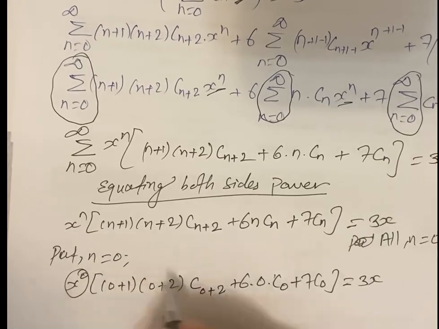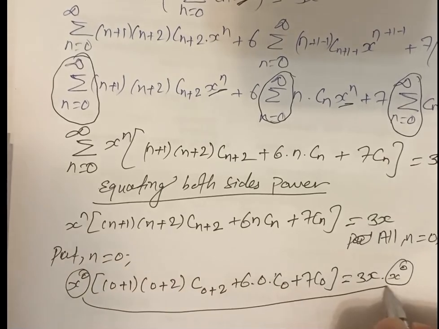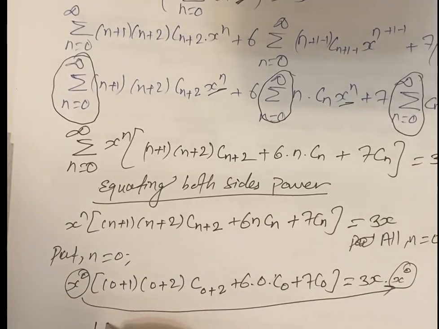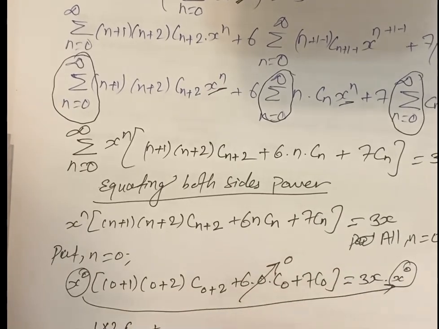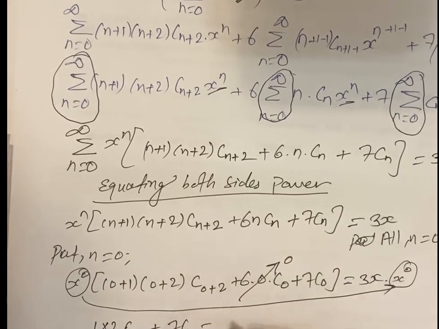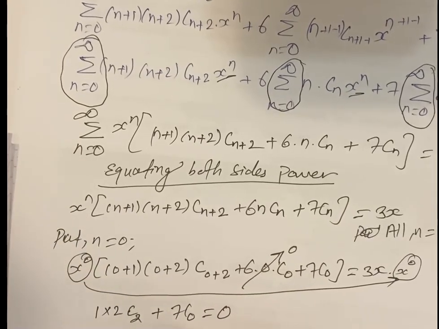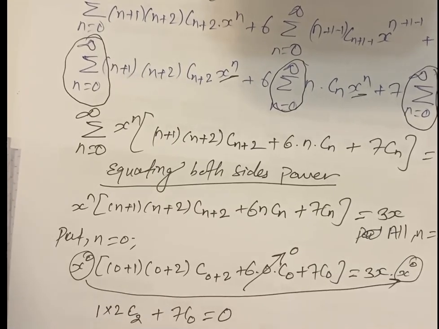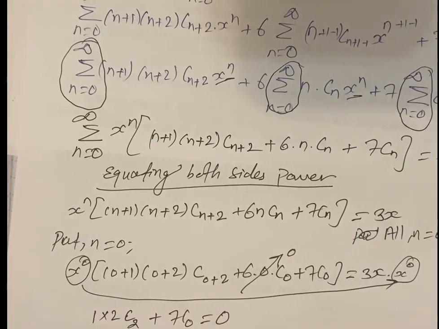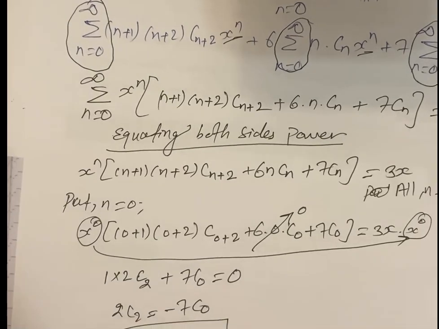Here is x^0, so if we equate, this is 1 times 2 c2, plus 0, plus 7 c0, equal to x^0. So 2c2 is equal to minus 7 c0, c2 is equal to minus 7 by 2 c0. We found c2. Okay, so let's find the other terms too by substituting n equal to 1.